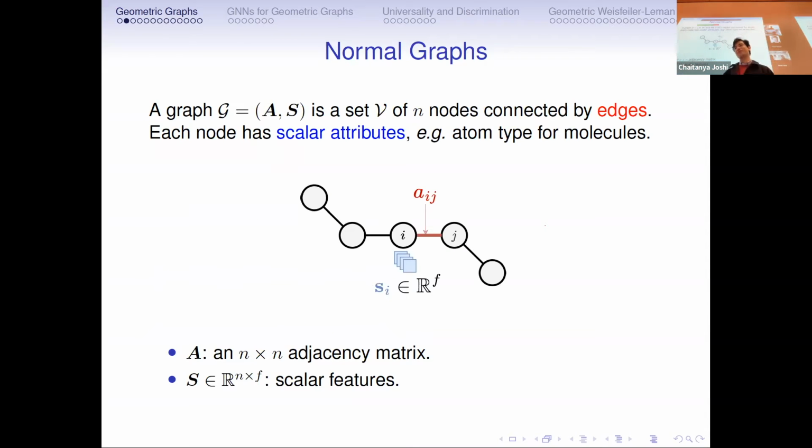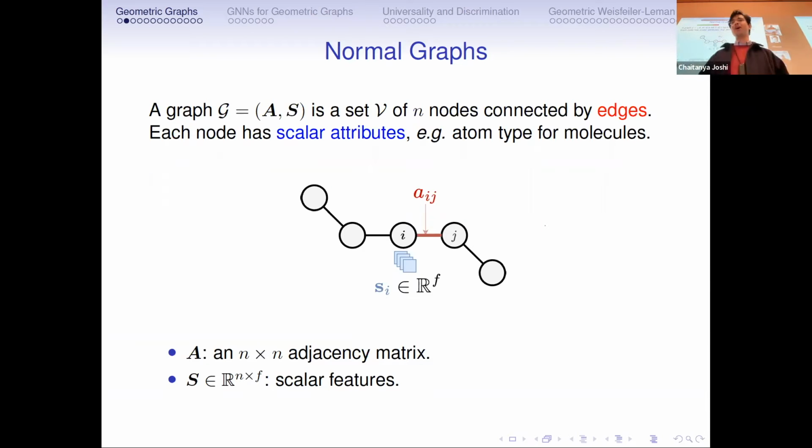So let's start with normal graphs. A graph is a set of nodes connected by edges, and each node usually has some feature or some attribute. These are scalar information. If you're a molecule, then you know what each atom is and how it's bonded to each other.